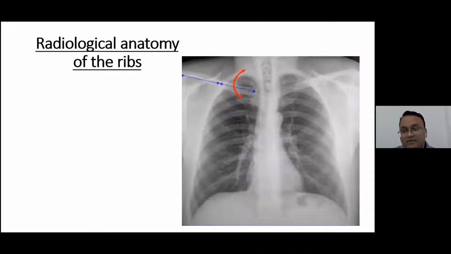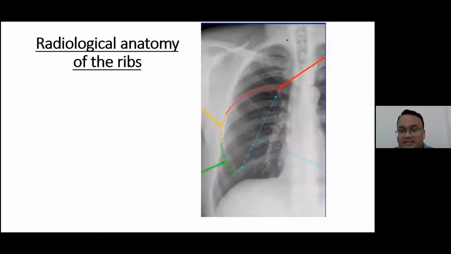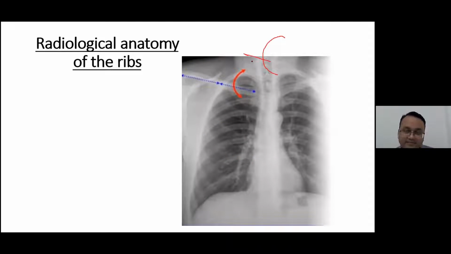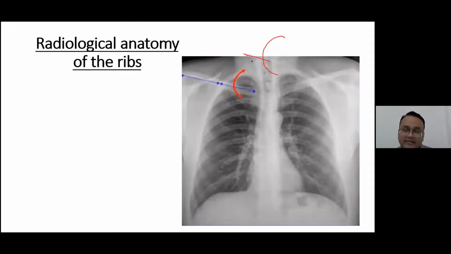As I mentioned earlier, the first rib appears to be a C-shaped structure, and it crosses over, actually inferiorly to the clavicle. By identifying that, we have the first rib as well as the clavicle, and from there on, you start to count the ribs.